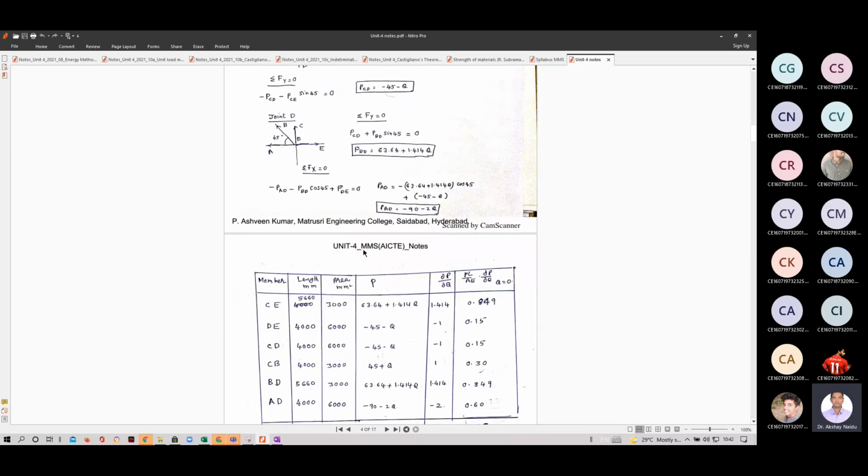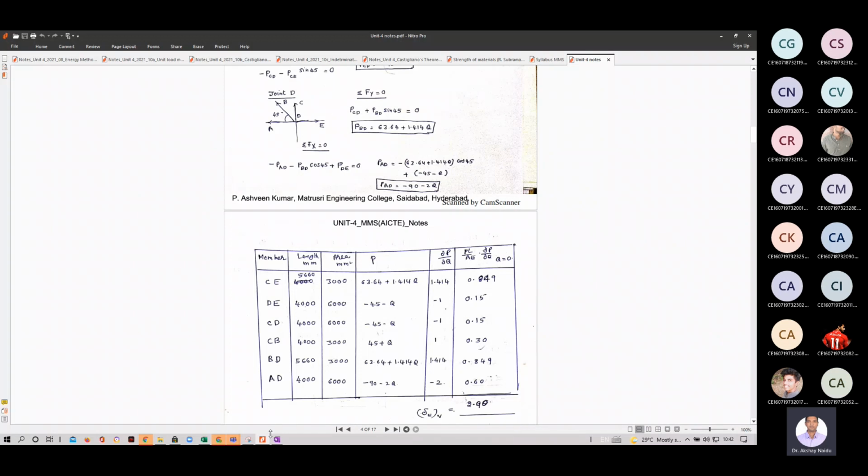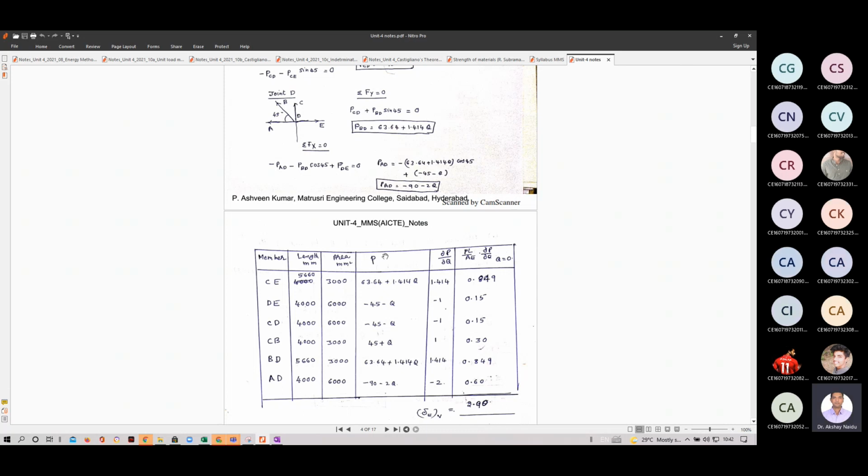Now, when all member forces you have found, then member length, now area also comes because area is changing. Then load, then its derivative with respect to Q, and then do P times dou P by dou Q into L by AE. You do it and put Q equal to 0 in P.